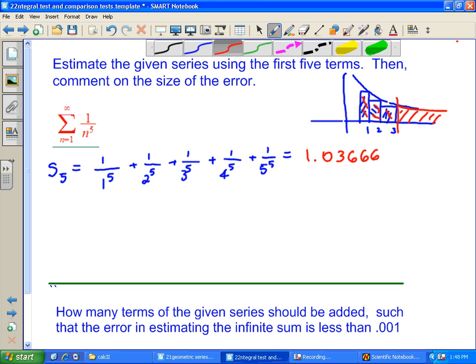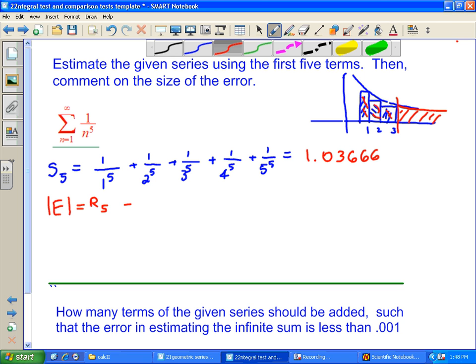But how big is the error? We didn't add up infinitely many terms here, from 5 and up or 6 and up. Some people call that the error, the difference between the infinite sum and what we got. Some people call that the remainder. They might call it R sub 5, the remainder, meaning everything after that point.